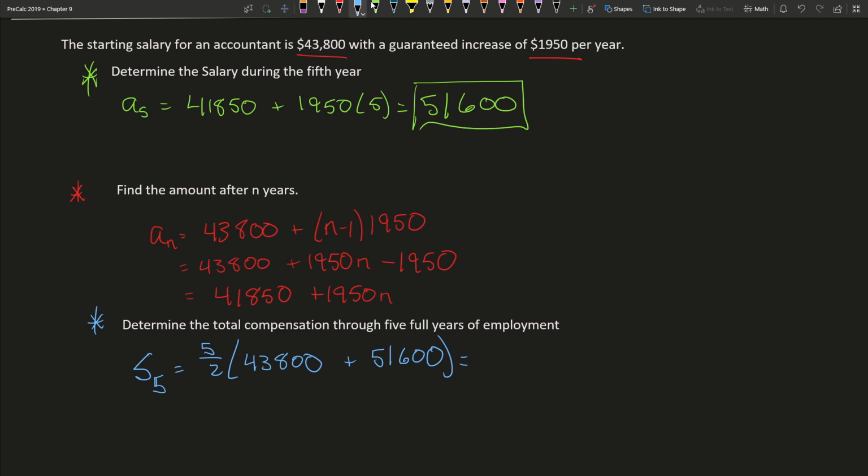And if we evaluate that, it's $238,500. Okay, so that's the total amount of money that you would make over 5 years, given that common difference and nothing else changing.